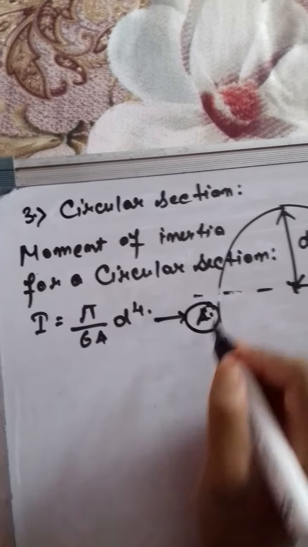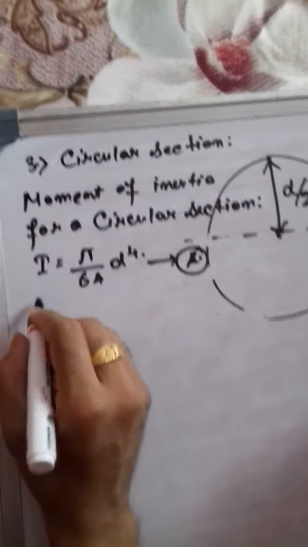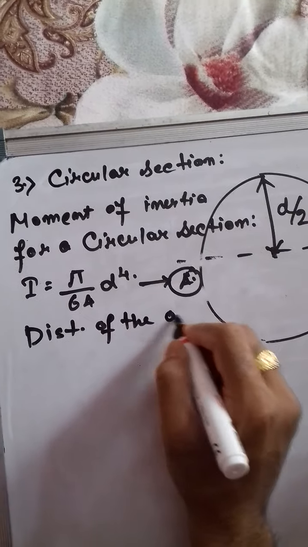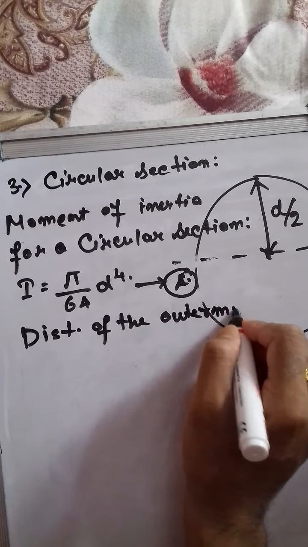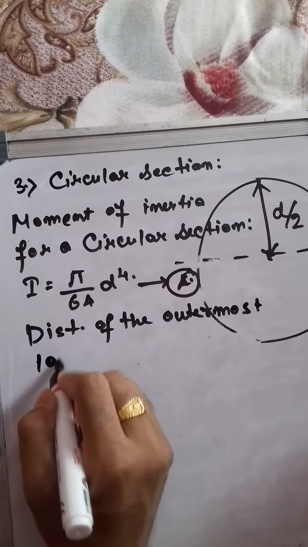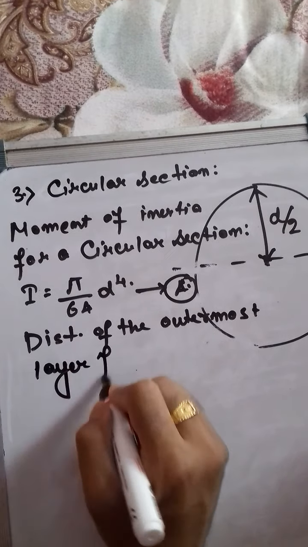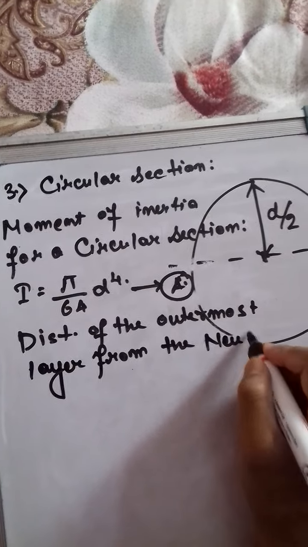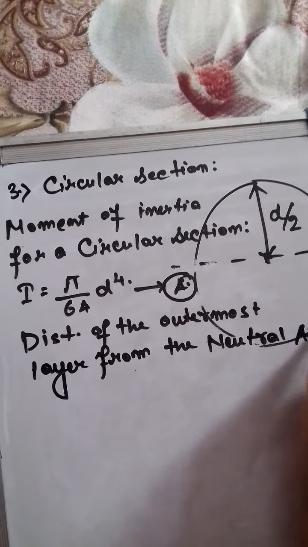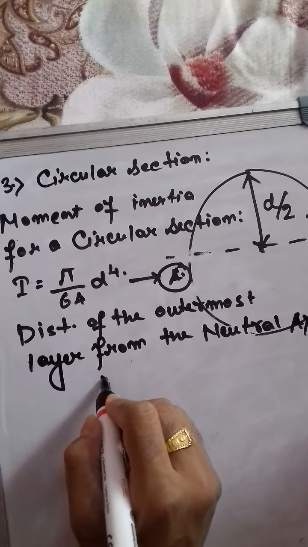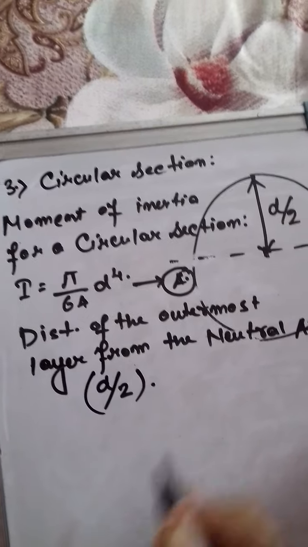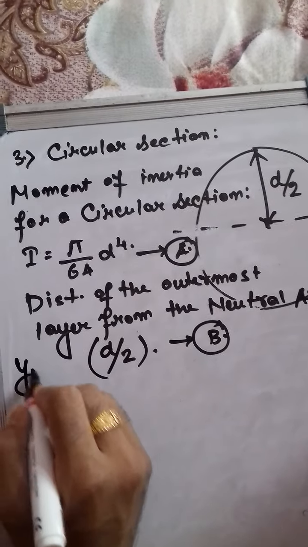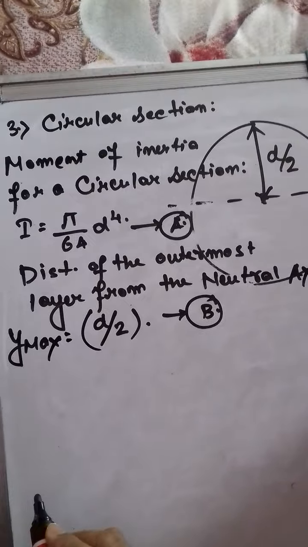Okay. Now as per this diagram, the distance of the outermost layer from the neutral axis is equal to d by 2, right? So let us name it as y max. Okay, maximum distance is equal to d by 2, right?